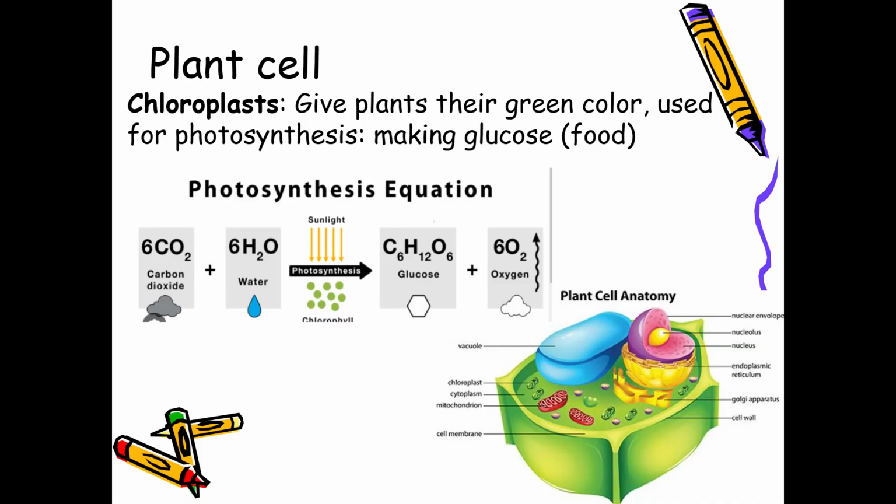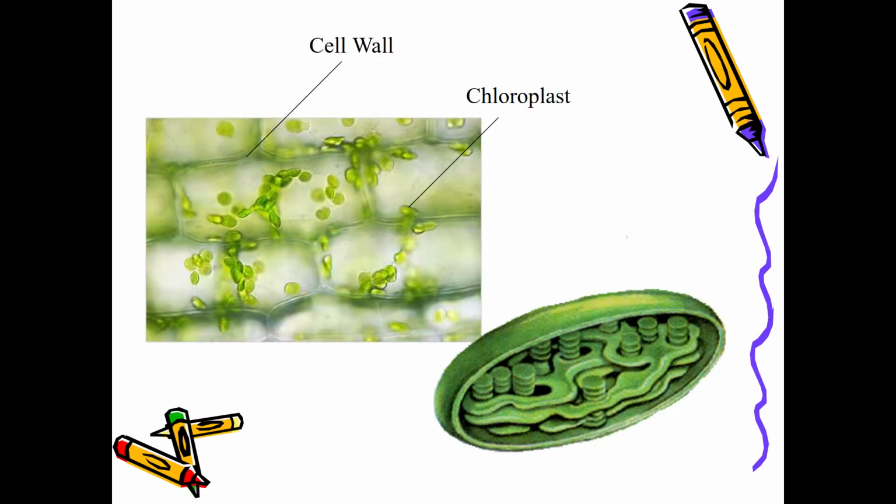We're going to get into a little more detail in photosynthesis in about a week and a half, but you do need to have this equation written down here and know that this happens in the chloroplasts. So photosynthesis happens in the chloroplasts. If you don't have it written down already, you're writing down chloroplasts make plants green and needed for photosynthesis, right? Because photosynthesis happens inside the chloroplast, and that's how we get glucose.